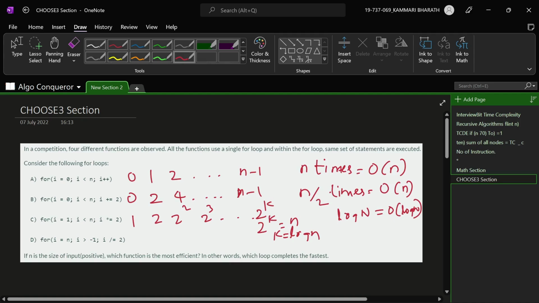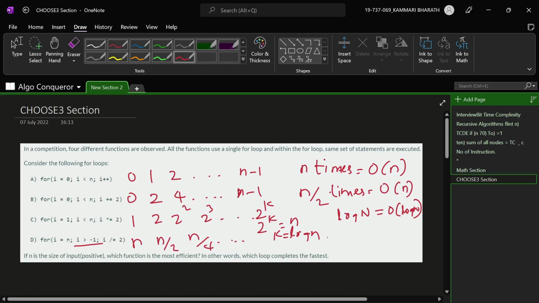And finally the fourth loop. This is a pretty interesting case. Initially i was 1, it becomes n by 2, and then it becomes n by 4, and so on. When does this end? The condition is i greater than minus 1. Can this ever be less than 0?